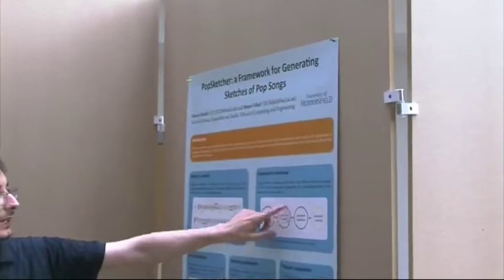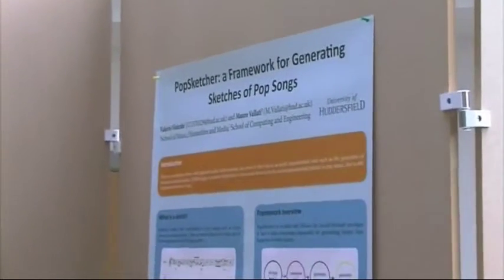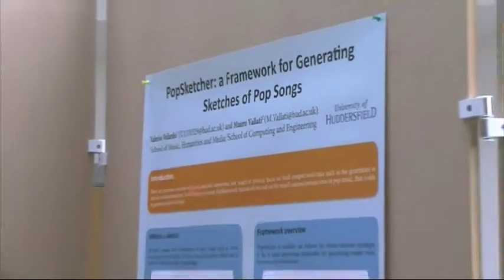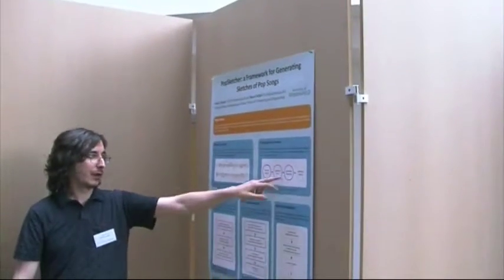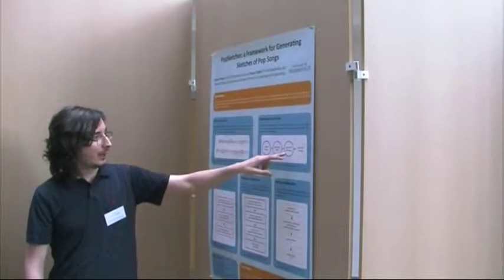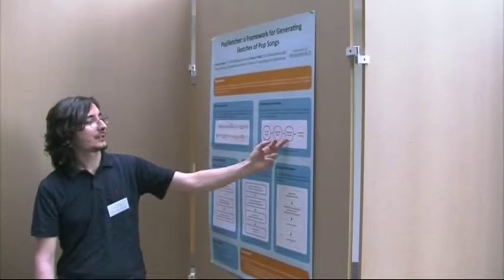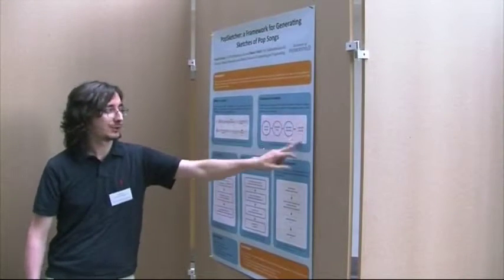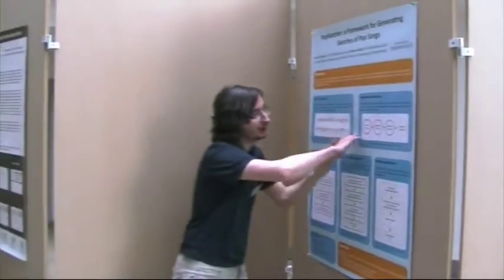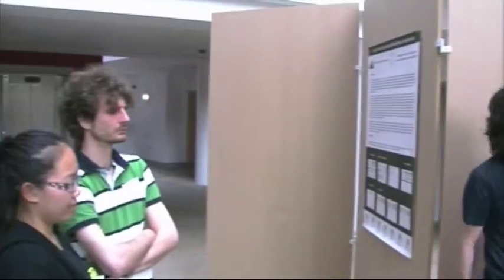Then we have this one here, which is responsible for generating form. And then we have this other one here, which is responsible for harmony. And the output of this module is fed into this other module, which is responsible for generating melody. So that's just the workflow for our algorithm.